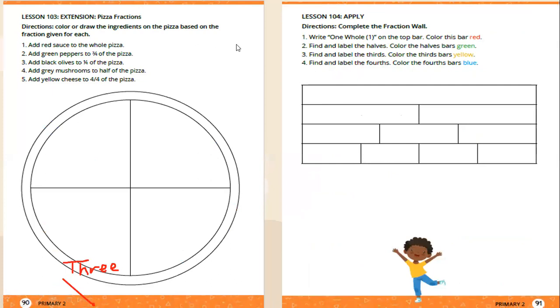Now let's move to the next part of lesson 103. Let's assume that this is a pizza, okay? Number one, add red sauce to the whole pizza. So we will add sauce to the 4 parts.